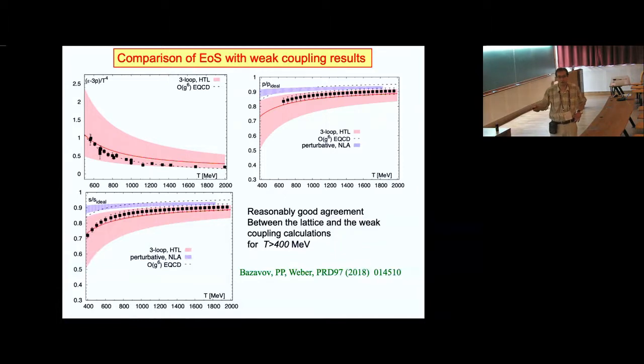So certain features of the lattice results for pressure and its derivatives, as well as some of these correlation functions, you could very well understand in terms of EQCD, for example, which is not at all obvious given the fact that you don't have a real scale separation numerically. It's only parametric, and g is around 1, so it's not clear if EQCD is applicable at all, but it seems to be the case.